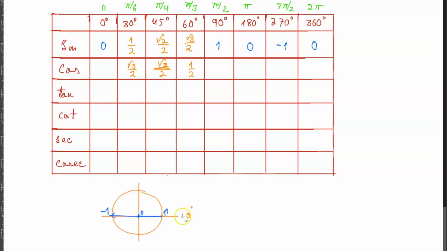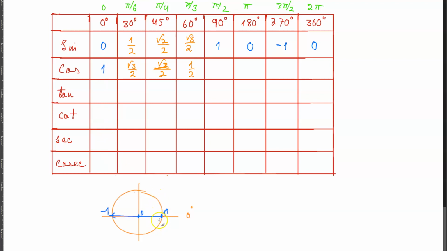The 0-degree angle would be an angle on this line, for which you would have to go all the way up to this point, which is +1. That means that cos of 0 is equal to 1.